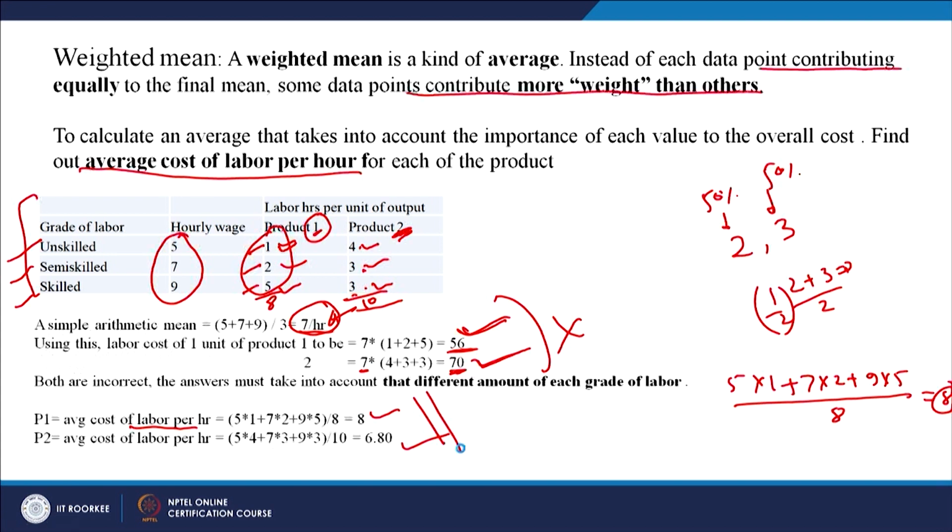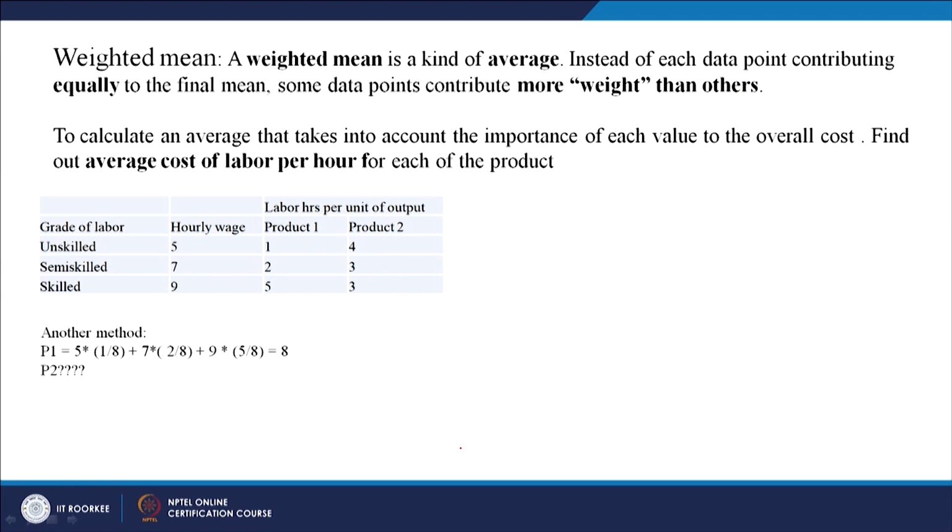Now, there is a different method of calculating the same weighted mean. What you can do is, this is 5 into 1 by 8, the total number of hours, 7 into 2 by 8, 9 into 5 by 8. So, the answer is 8. How would you do it for product 2? Just think for a while.